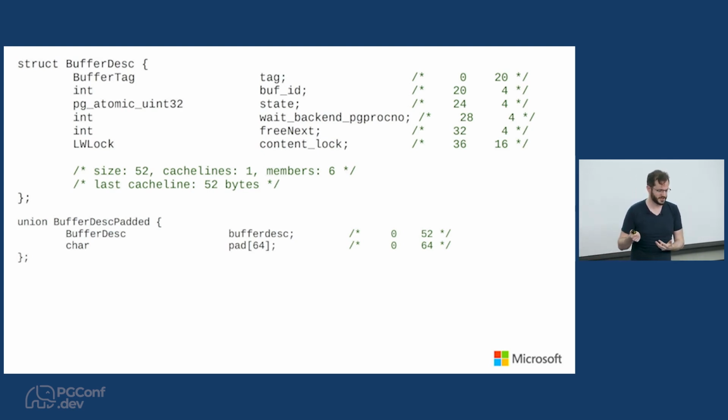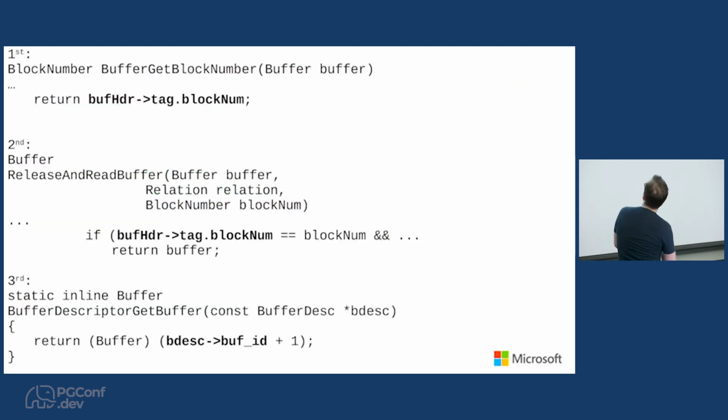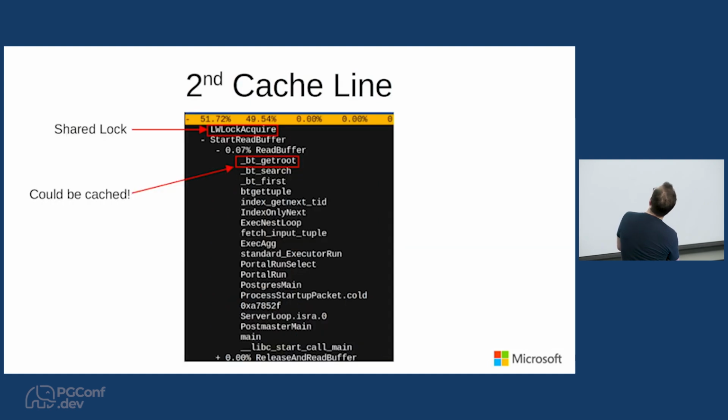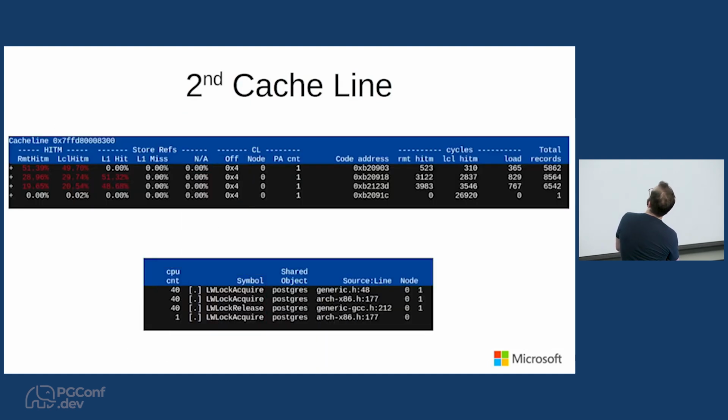So the problem here is that we have very heavily modified state and read-only state on the same cache line. And it turns out that those read accesses are actually fairly frequent, and they heavily contend with the locking, and both sides are really slow. If you go back, damn it, I cut out the important information.